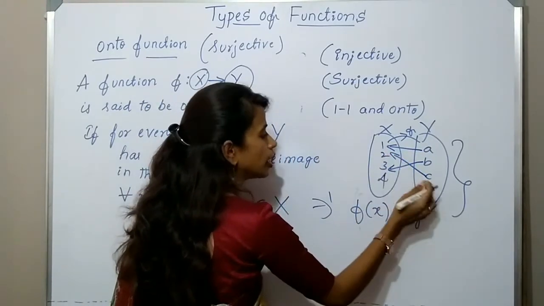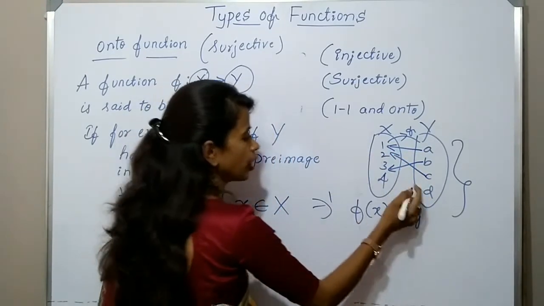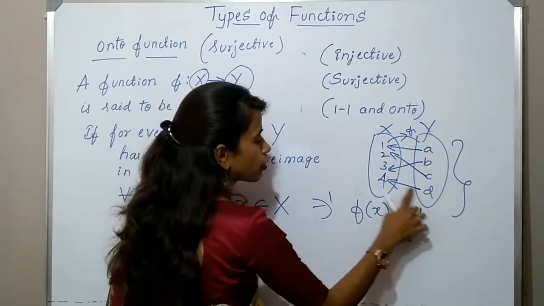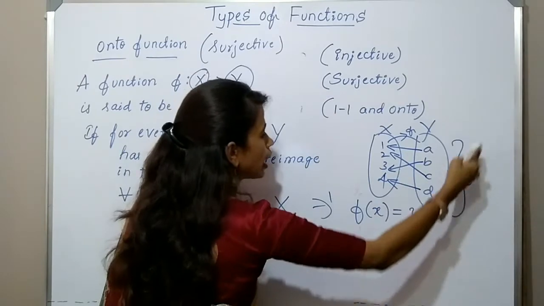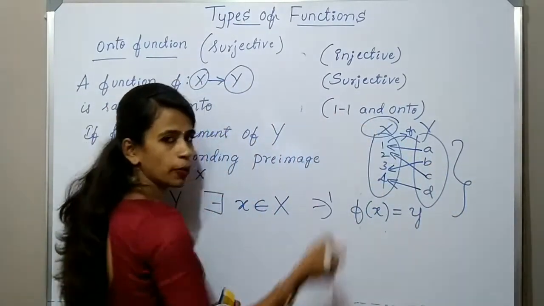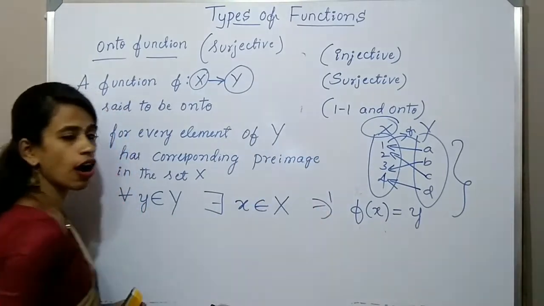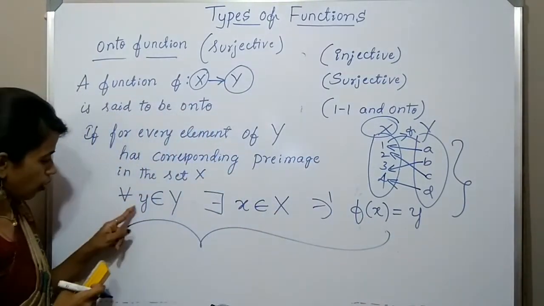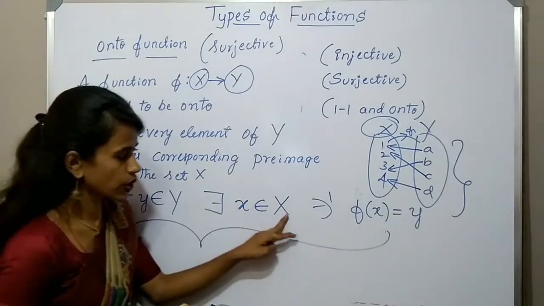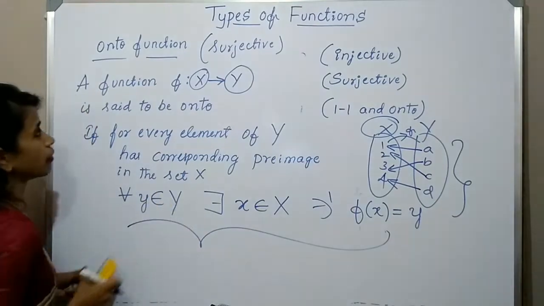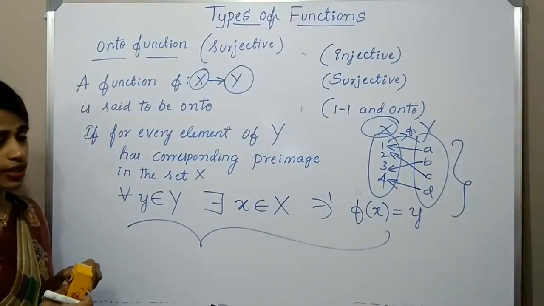For c, the pre-image is 2. For d, the pre-image is 4. So every element of the codomain has a corresponding pre-image in the domain, and we say that function is onto. This is the notation: for all y belongs to Y, there exists x belongs to X such that f of x is equal to y. Is it clear? So this is the definition of onto or surjective function.